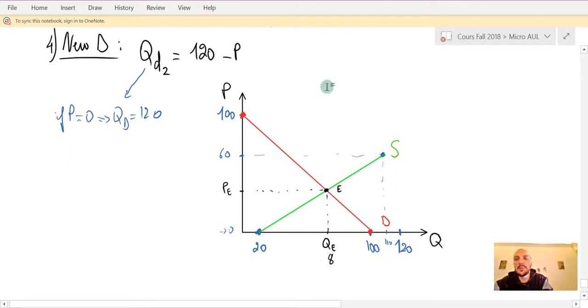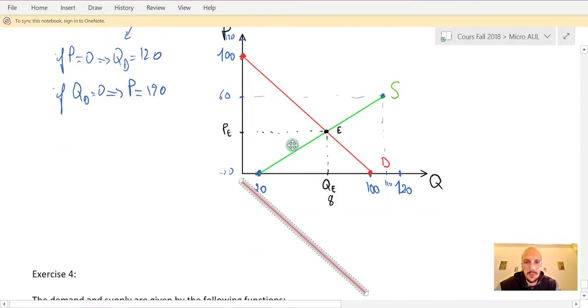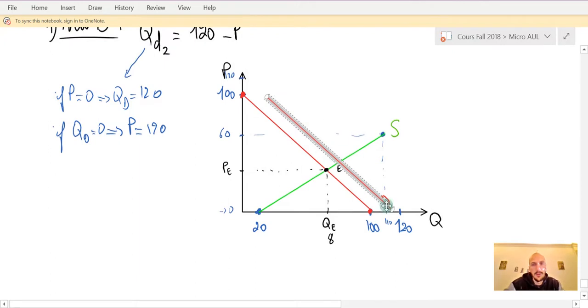And again for the other end, if QD equals 0, the price will also be 120. If you put QD equals 0 here, you get 120. So again the price will start here at approximately 120. So what we are going to have is a new demand which is parallel to the previous one and starts at 120 instead of 100. I will try to draw it like this, and it will be parallel to the previous one.